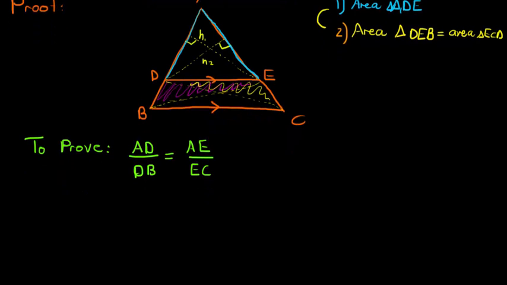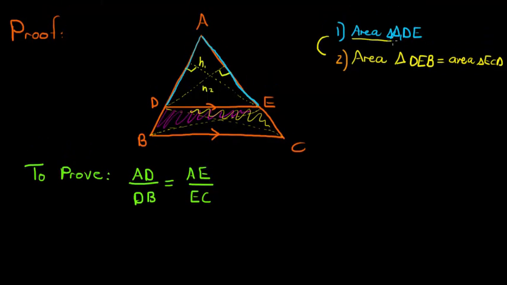So for example, the first one is we're going to find two different ways of expressing the area of triangle ADE. So I'm going to do my construction. It's not really important how you phrase your construction, as long as the person reading understands.